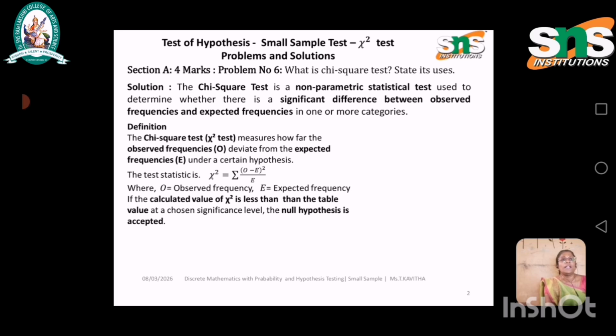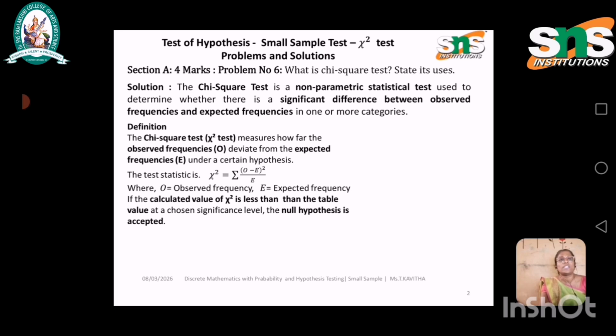The chi-square test is widely used in statistics for analyzing categorical data and helps in decision making by testing hypotheses about relationships and distributions.